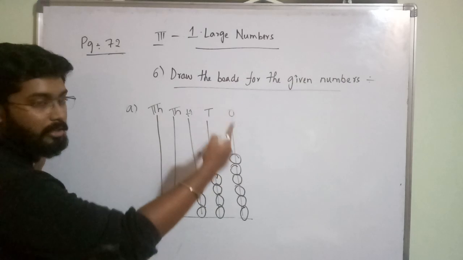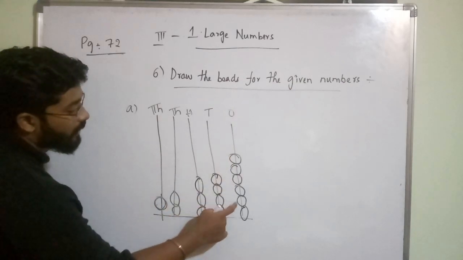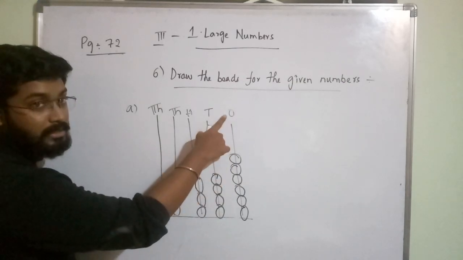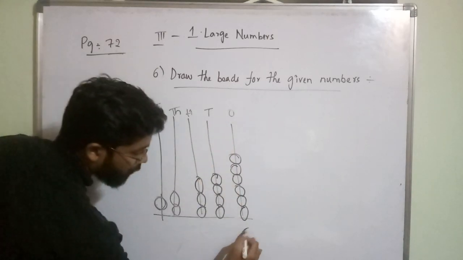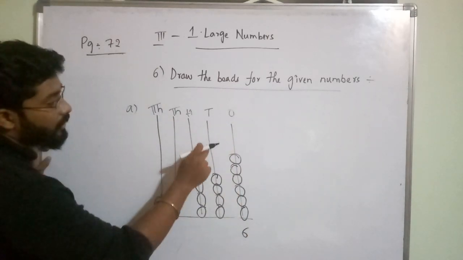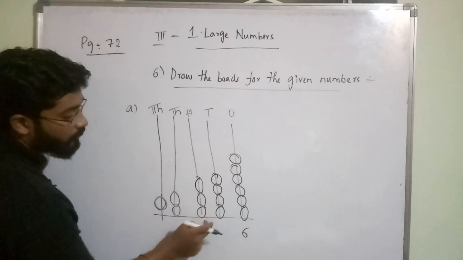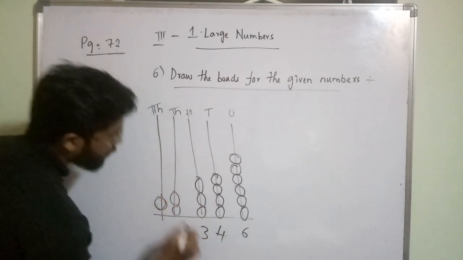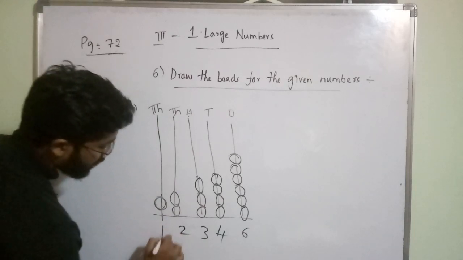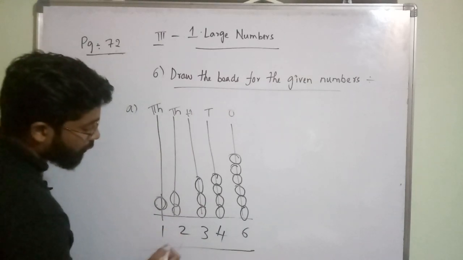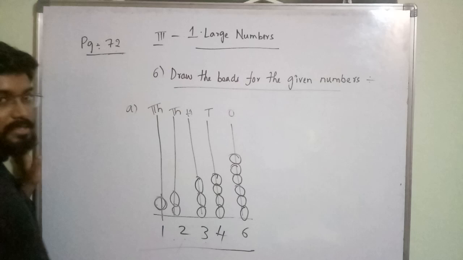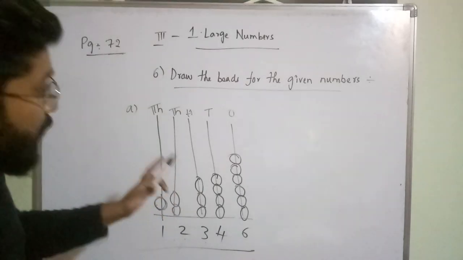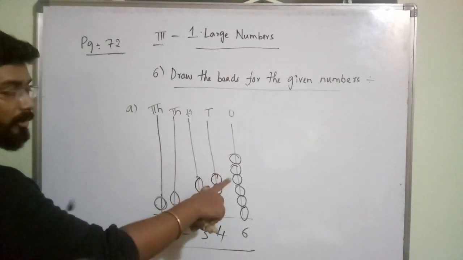Count: 6 beads in ones place, write 6. In tens place, 4 beads, write 4. In hundreds place, 3. In thousands place, 2. In ten-thousands, 1. What is the final number you got? 12,346.